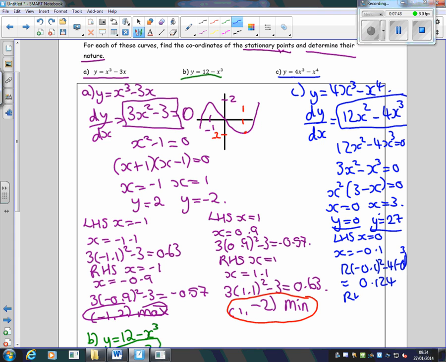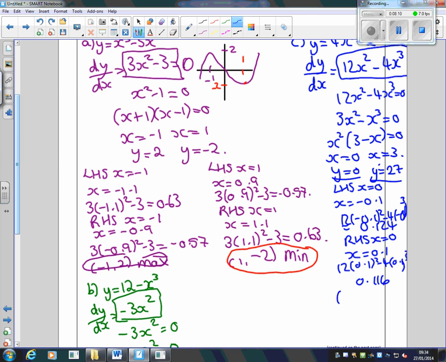And now testing the right hand side of x equals 0, which is x equals 0.1, that gives us 12 lots of 0.1 squared minus 4 lots of 0.1 cubed, and that gives us a gradient of 0.116. So as you would expect from a double root, the point 0, 0 is a point of inflection.